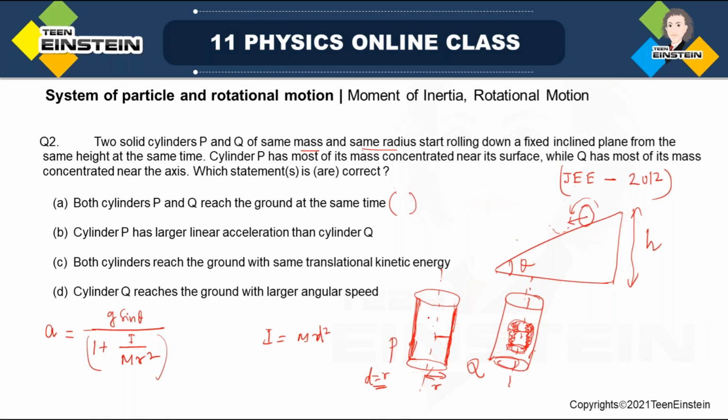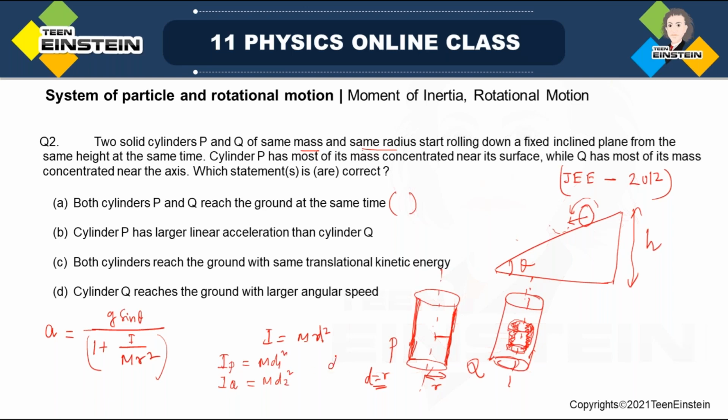So if this is cylinder P, for which most of the mass is distributed at the surface, then the moment of inertia for this, suppose, is m d1 square, and for the other one, where the mass is concentrated near the axis, m d2 square.